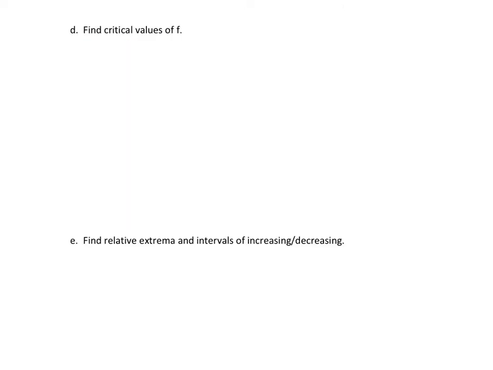Next, to find the critical values of the function, we look at where the derivative is equal to 0, and we also look at x values at which the derivative does not exist. I'll begin by setting the first derivative equal to 0. So we are setting 3 divided by (x + 1) squared equal to 0.